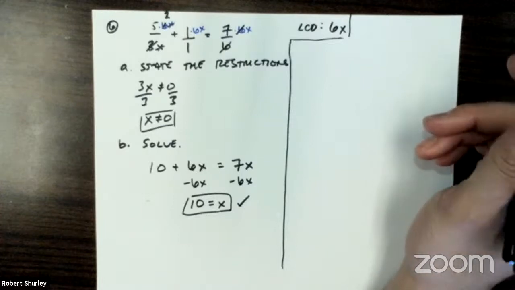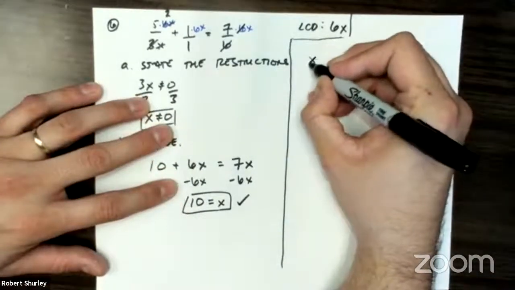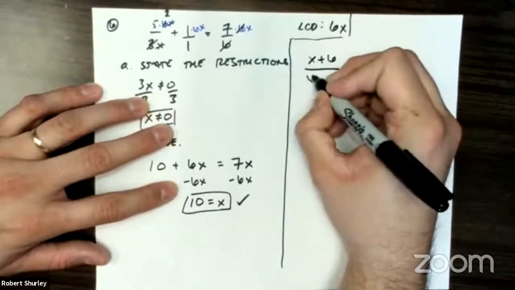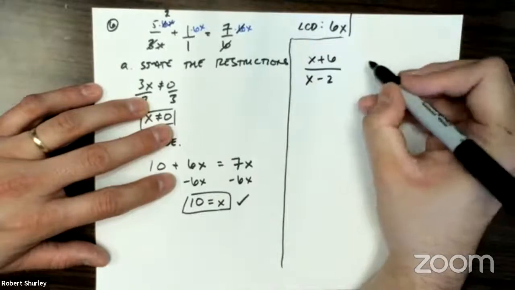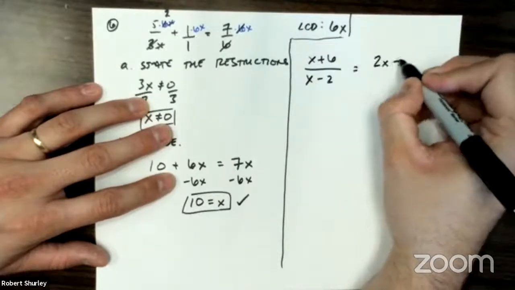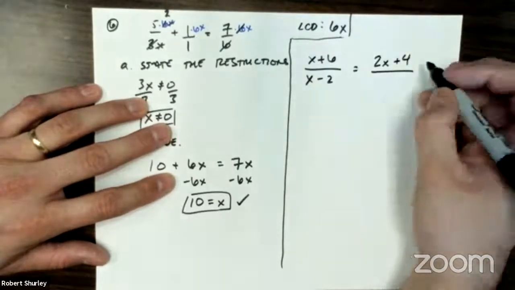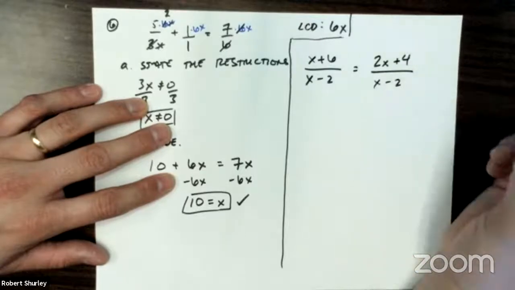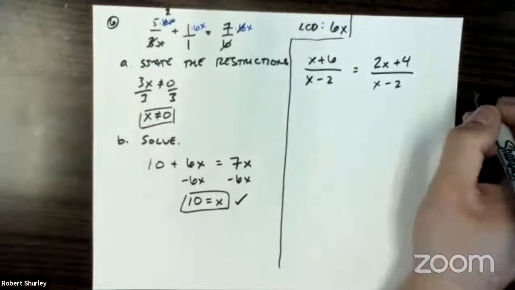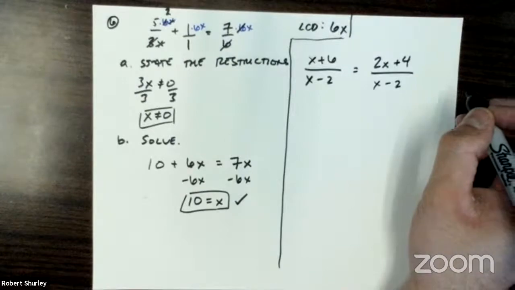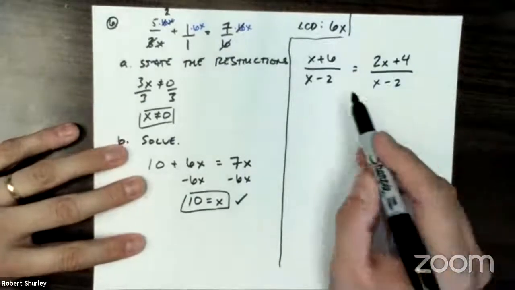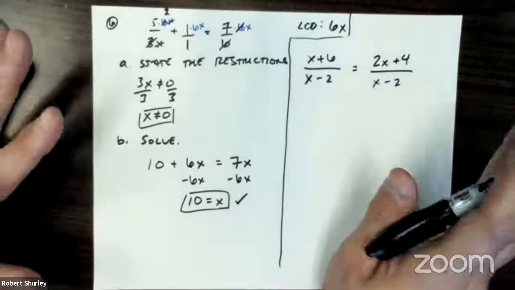Okay, yeah. So let's say we've got (x plus 6) over (x minus 2) equals (2x plus 4) over (x minus 2). What's nice about this one actually is both these denominators are the same. That'll be helpful.